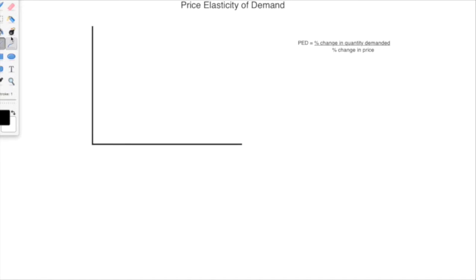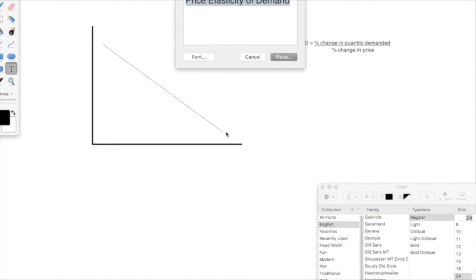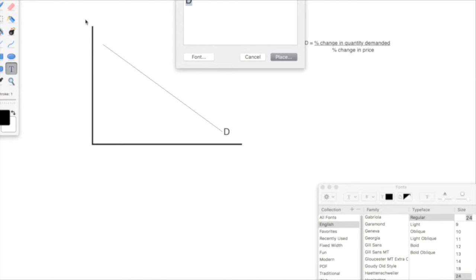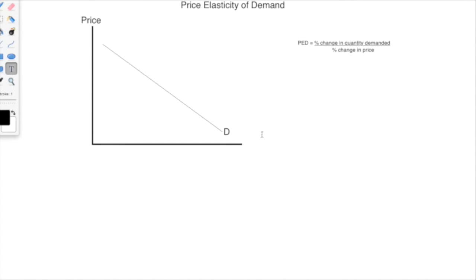So let's first draw our demand curve, starting with the line. Let's label that D. And let's have our price at 14 and quantity.